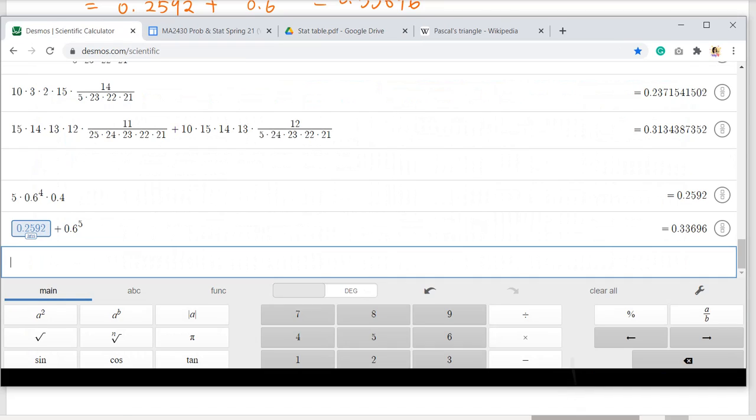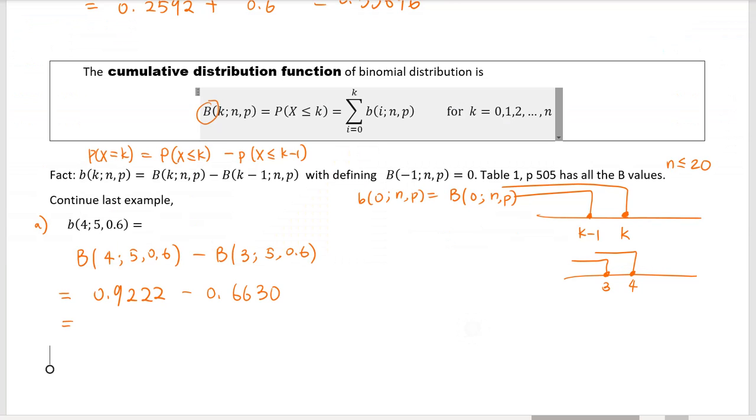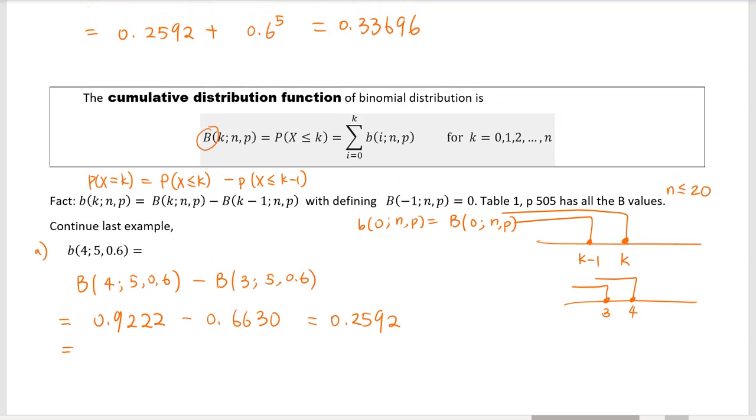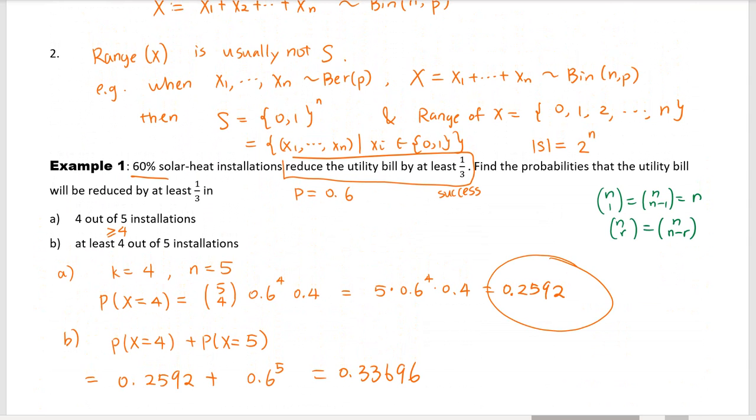So calculator right here: 0.9222 minus 0.6630, we get 0.2592. Oh, you see they're the same.